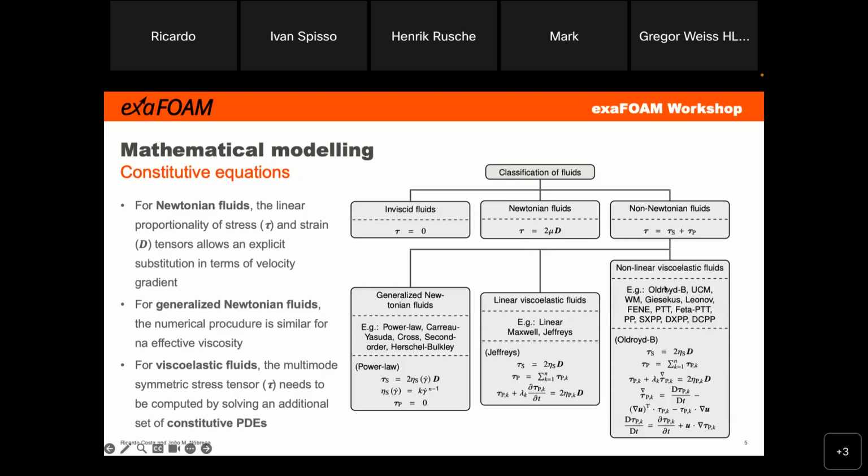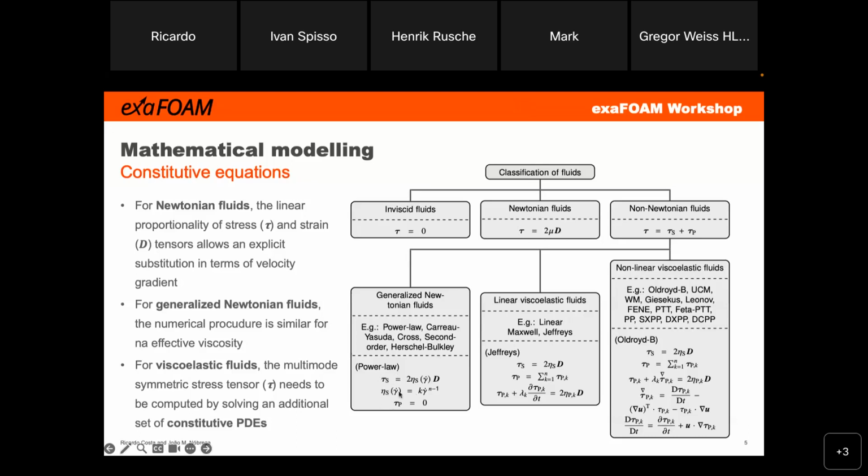And in this case, the usual approach is to split the stress tensor into two components, one for the solvent and the other one for the polymeric part. And here is where the most difficult part comes. So the easiest way of trying to model a non-Newtonian fluid is to consider it as a generalized Newtonian fluid. What does it mean?